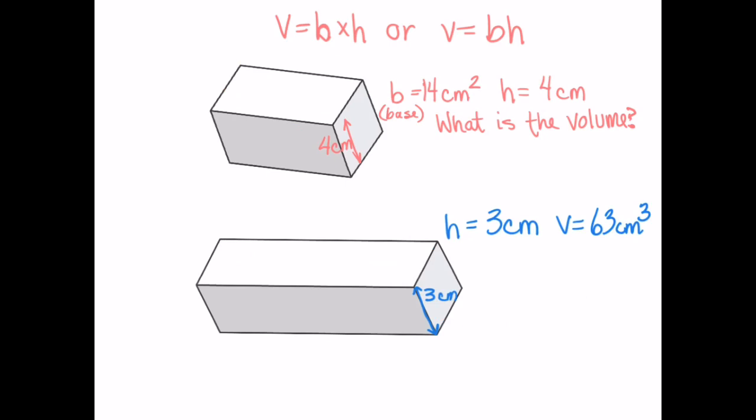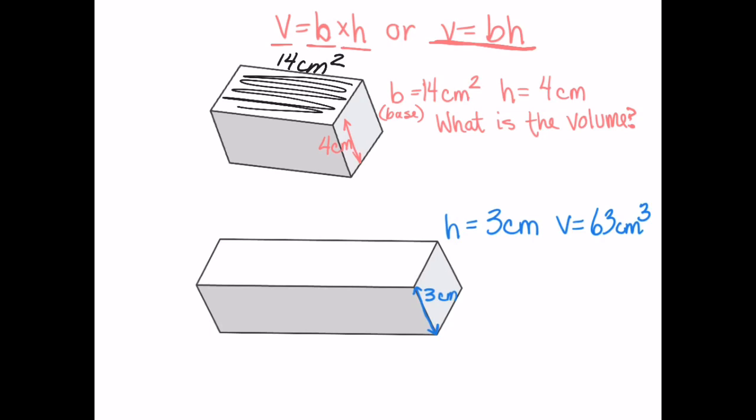So here we go. Volume equals base times height, or means exactly the same. Volume equals base times height. So I'm looking at this. The base of this shape is 14 centimeters squared, and the height is 4 centimeters.